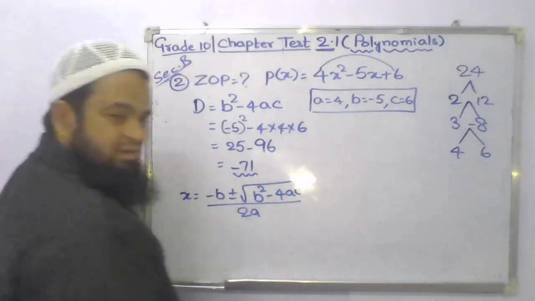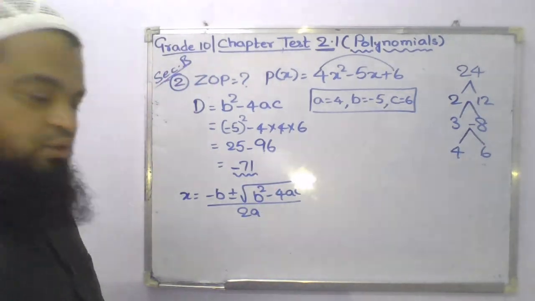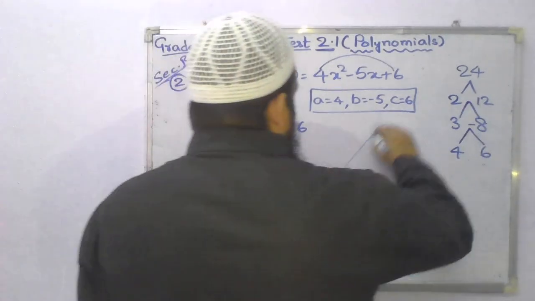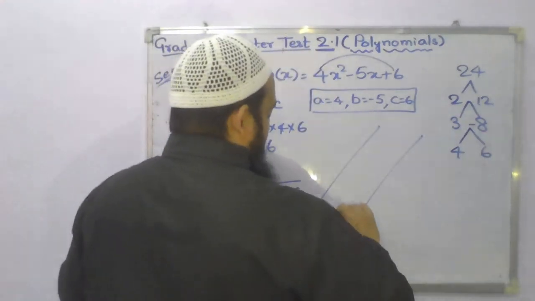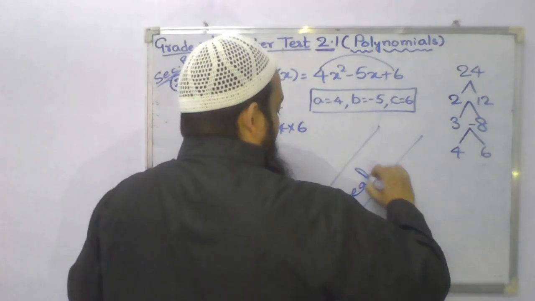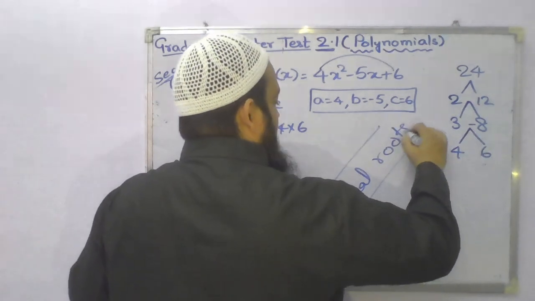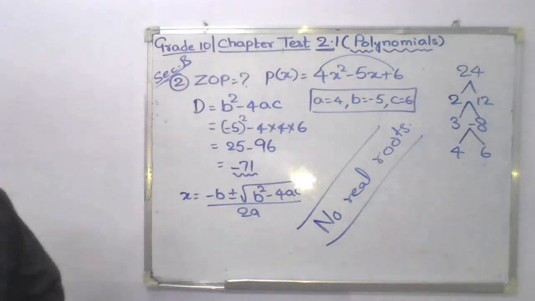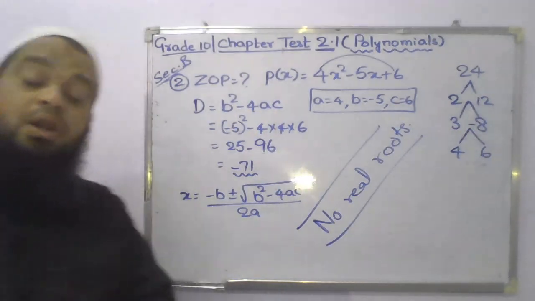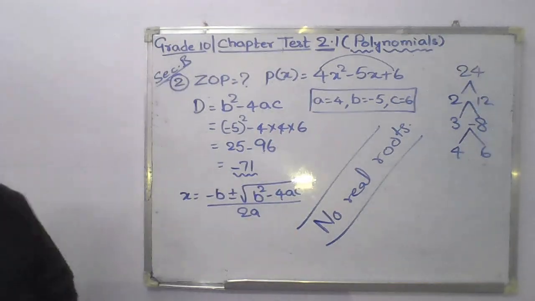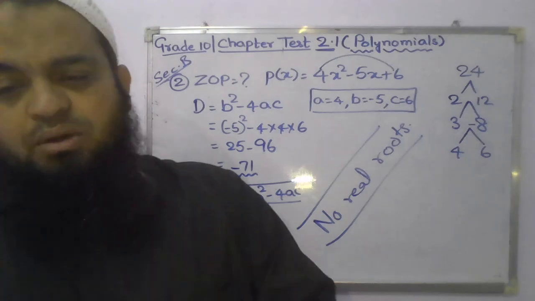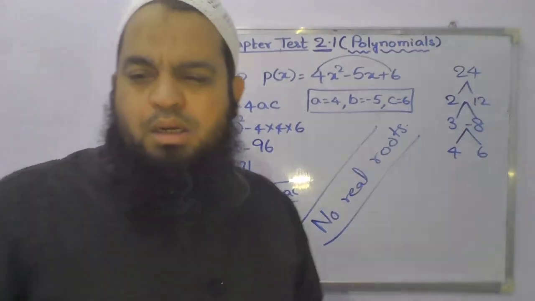So minus 71, you will have imaginary. So therefore, what are the zeros of this polynomial? You will have no real roots. No real roots. Understood? The zeros, we cannot find out real zeros. Understood, my dear students? So let us see the next problem.